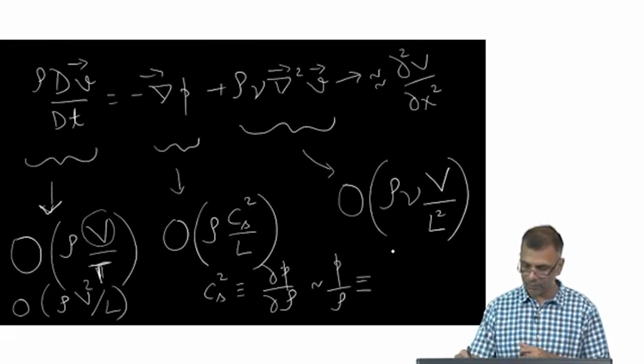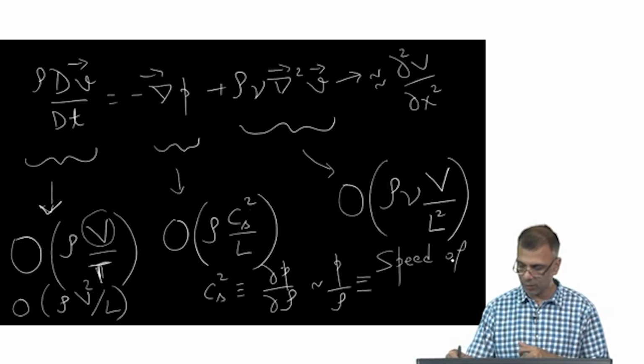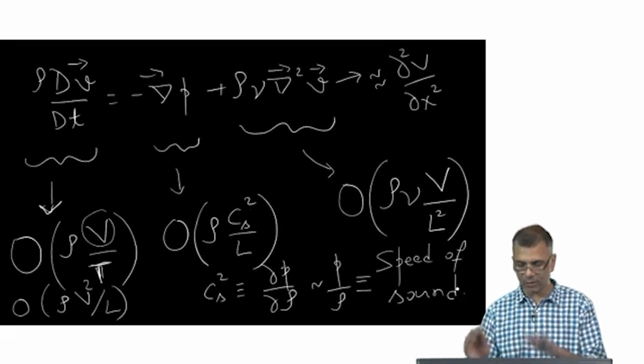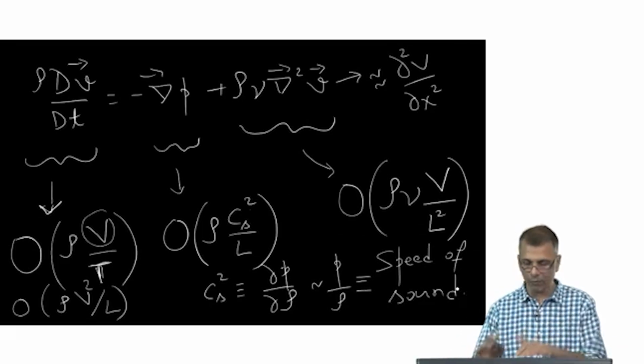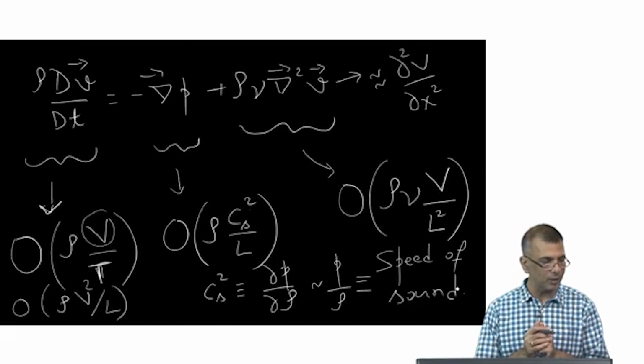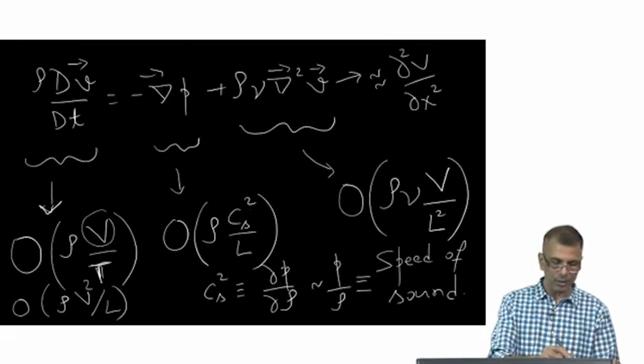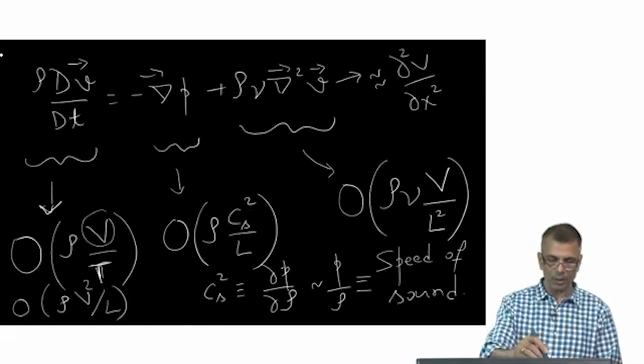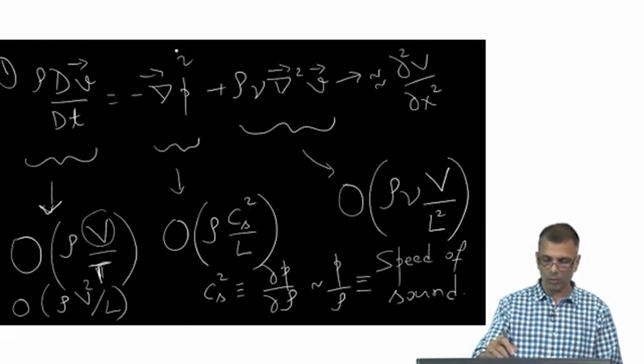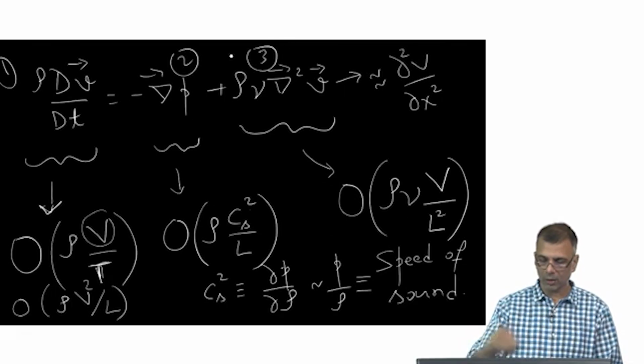This is the speed of sound. We will discuss this in great detail as we go along, but for now I have just introduced it this way. Let us now, so this would be term 1, term 2 and term 3.